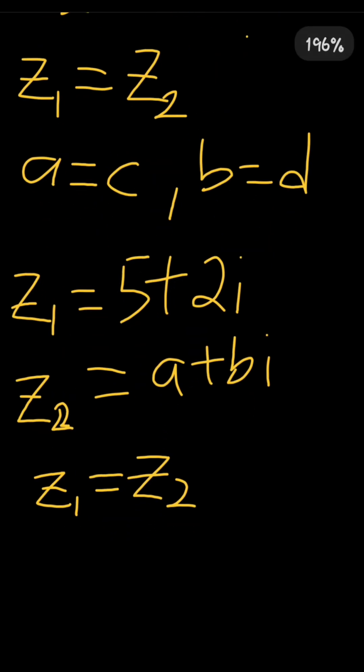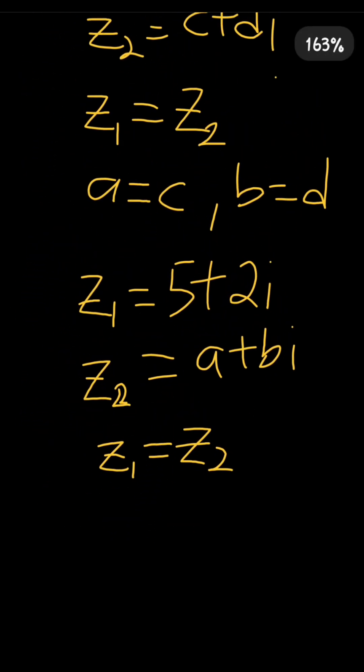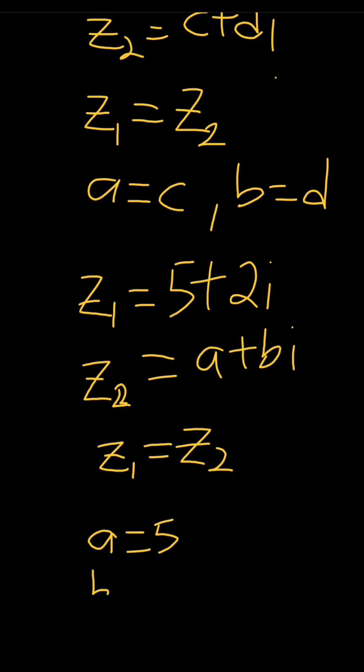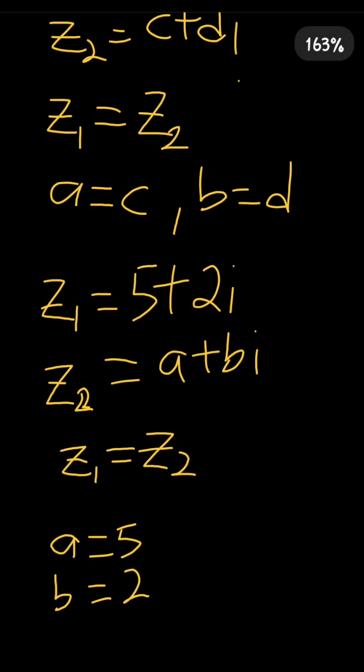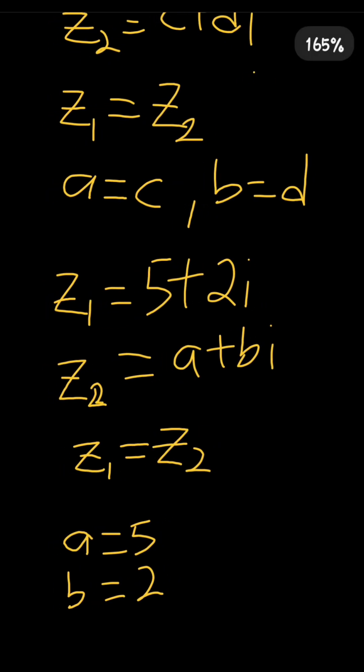So what does this mean? It means that a is equal to 5 and b is equal to 2, because for complex numbers to be equal, it means that the imaginary parts of both of them are equal and the real parts of both of them are equal.